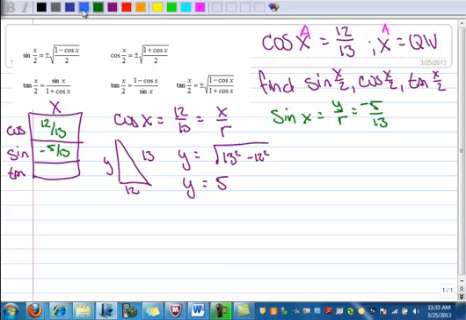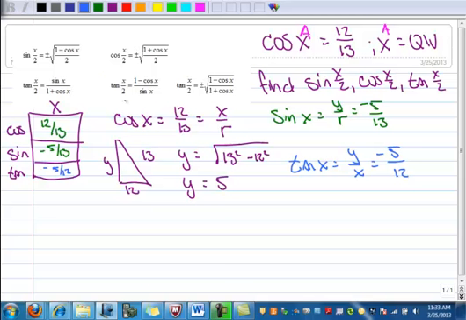And then the tangent, well, that's y over x, and y is 5, x is 12, and in quadrant 4 tangents are negative, so that's negative 5 over 12. Alright, now we got that all figured out.